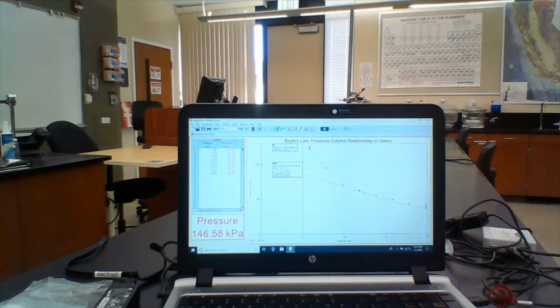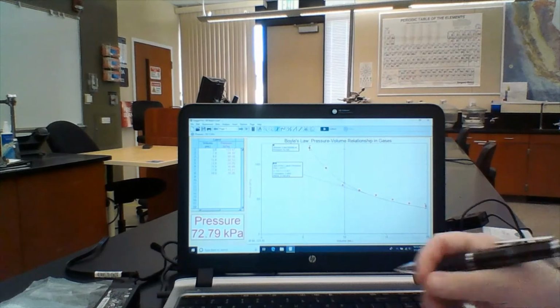Okay, so the pressure at 5 milliliters is 146.58. Then we're going to look at the pressure at 10 milliliters. Right on 10, the pressure is 72.79. So that's approximately half.